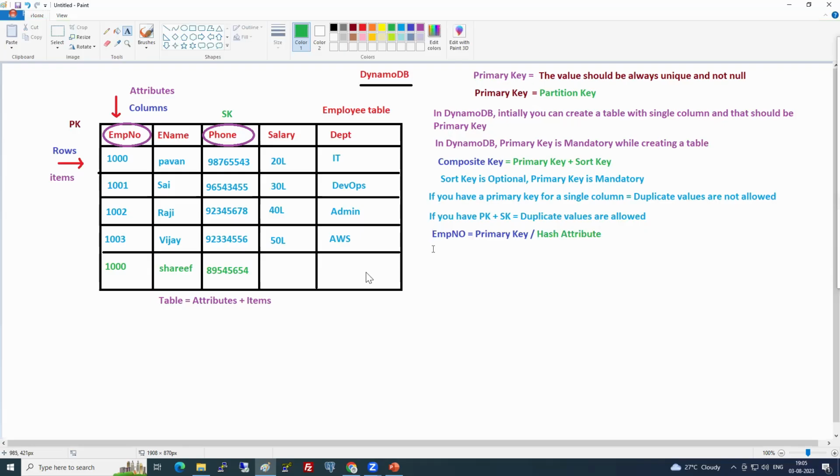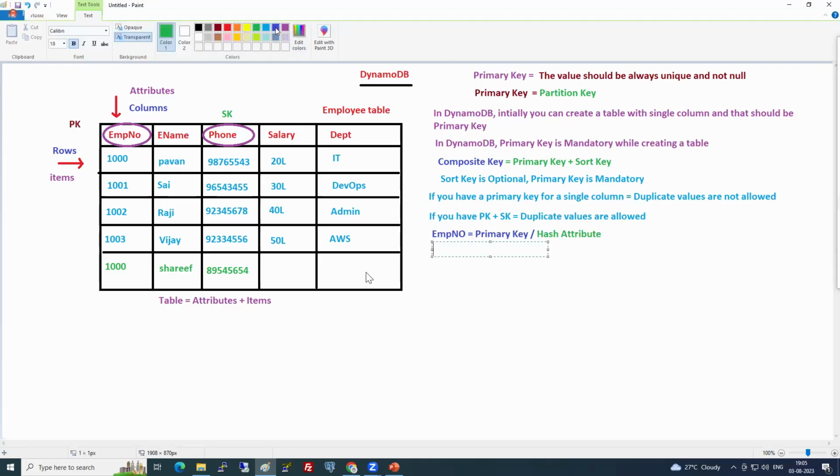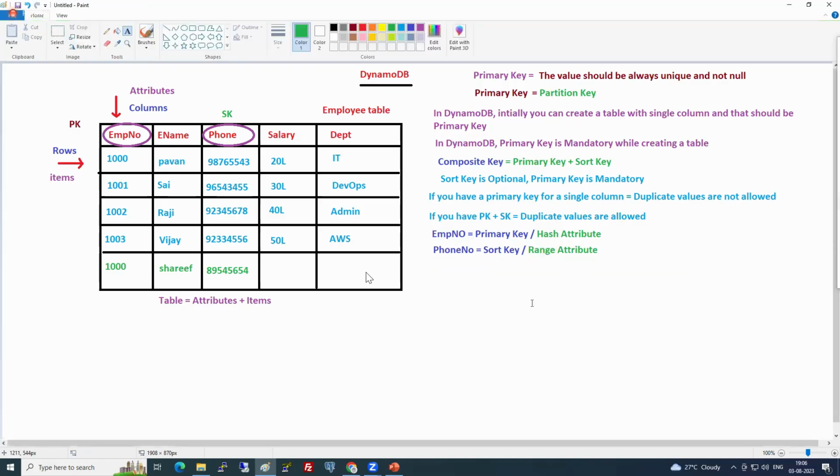Phone number, what is phone number? Sort key, right? So phone number is the sort key. And this is called range attribute. Hash attribute and then range attribute.